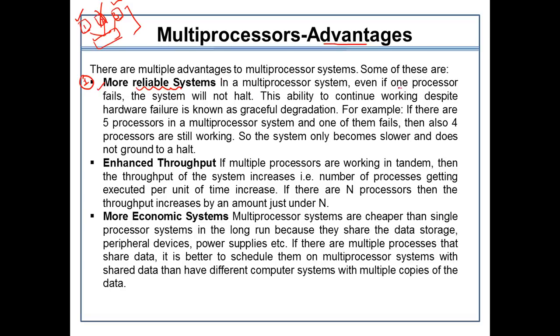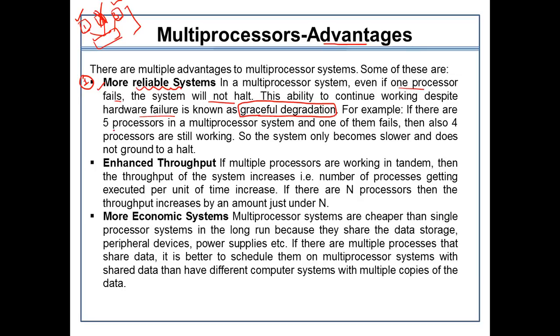So even if one processor fails, the system will not halt. Okay. The ability to continue working despite hardware failure is known as graceful degradation. Even if one is down for any reason, such as maintenance, the job will keep on continuing, because the work will get distributed.